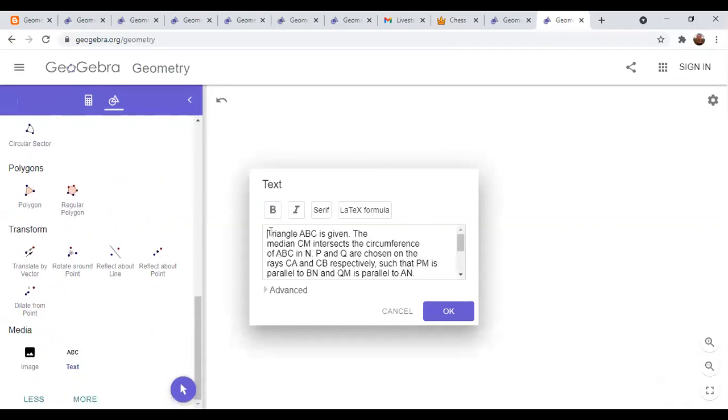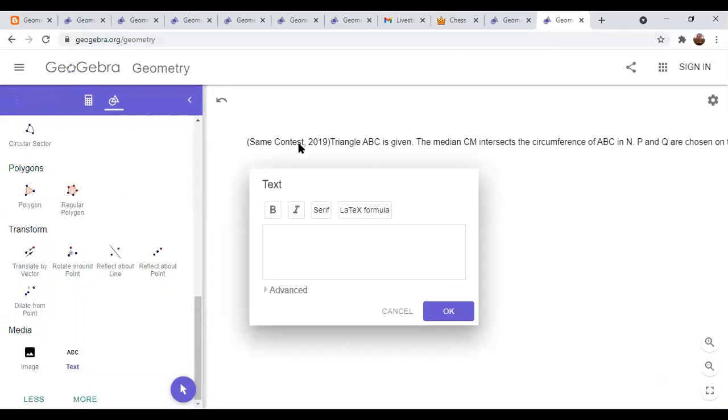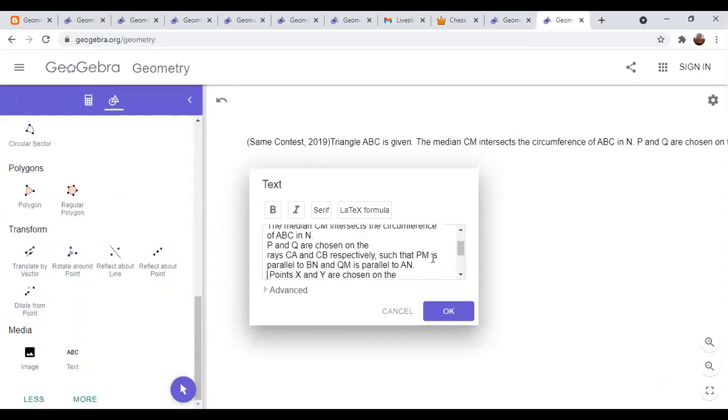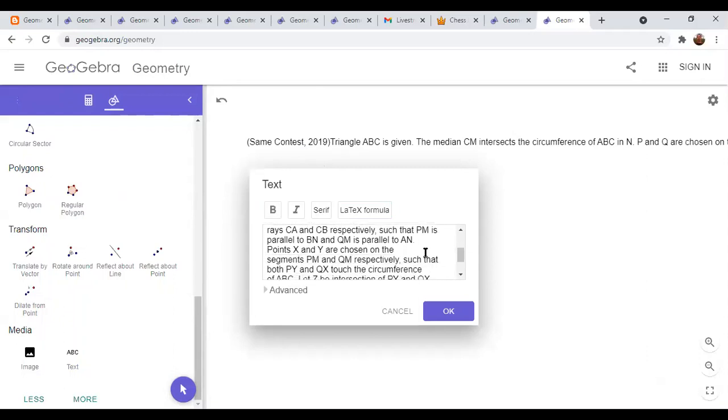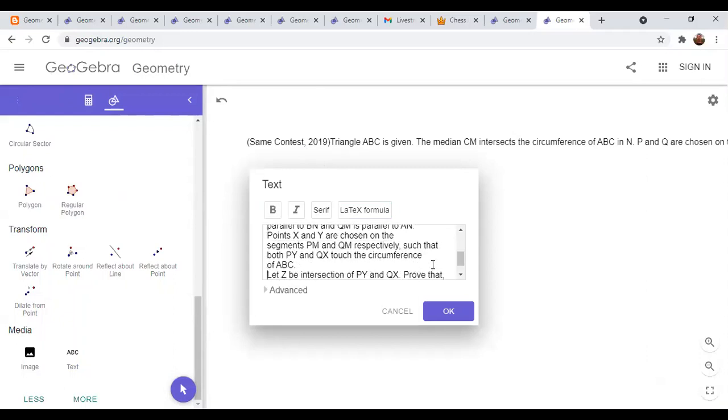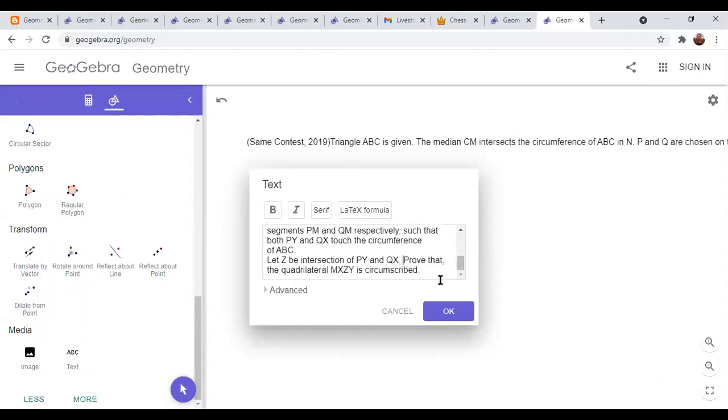I forgot the name of the contest. I'll just say same contest 2019, I think it was. Just have to put enter so that it comes out nice when I click OK.